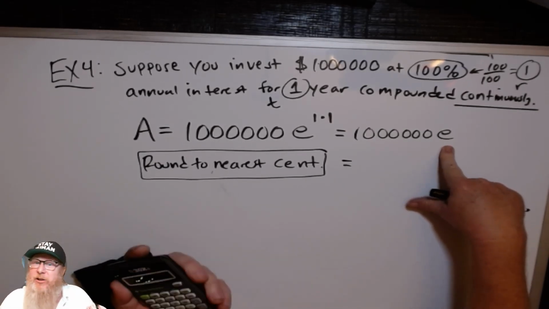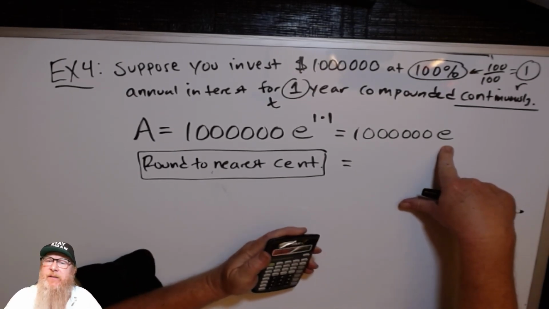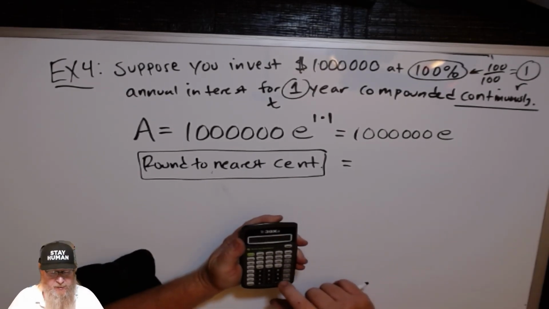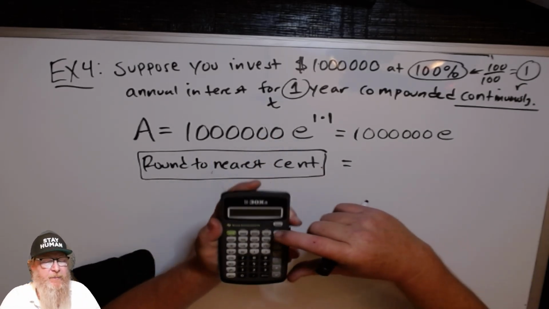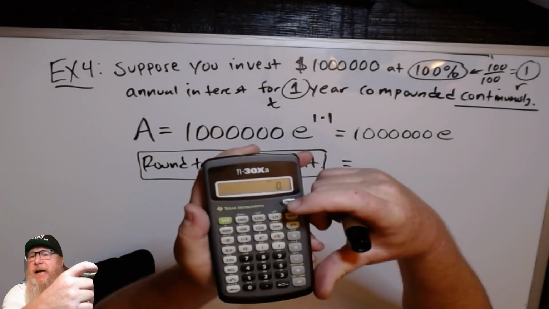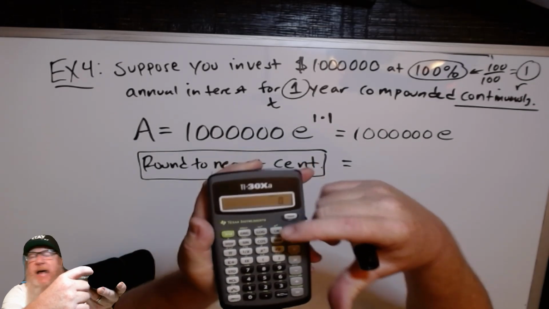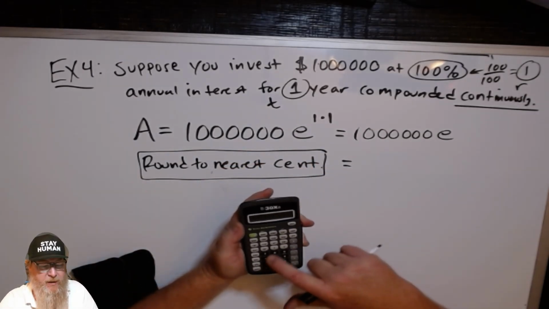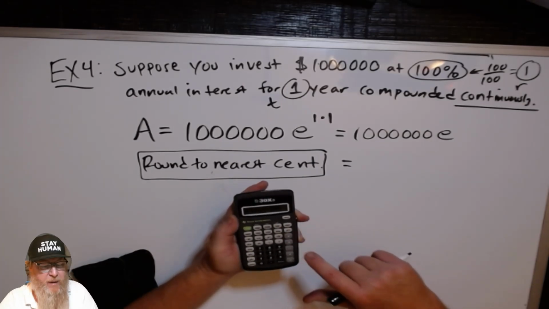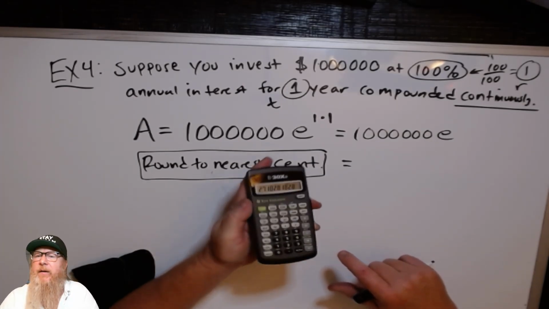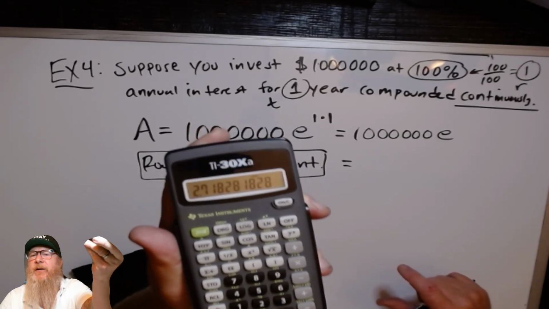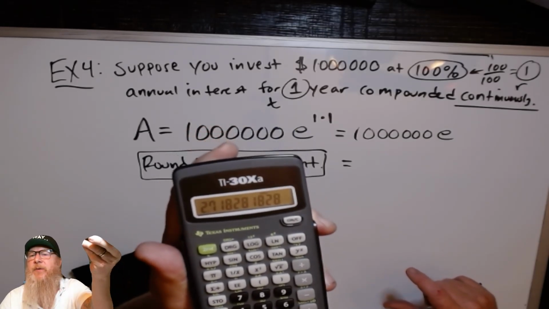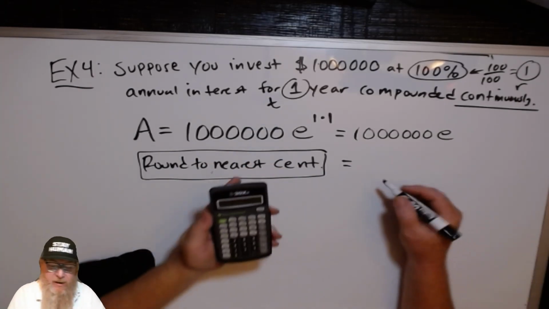But I want actual dollars. I don't want symbolic dollars. So on your calculator, locate your E button. It's usually right above the letter LN. So you have to do E to the first power. And you'll notice that number looks just like the number I showed earlier, 2.718281828, and then I ran out of screen.